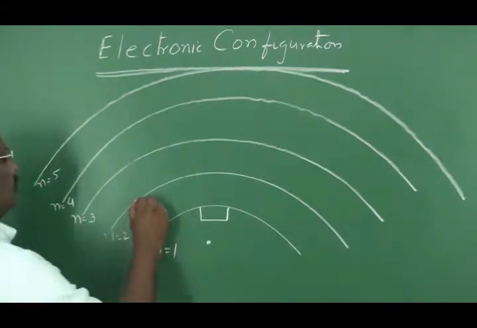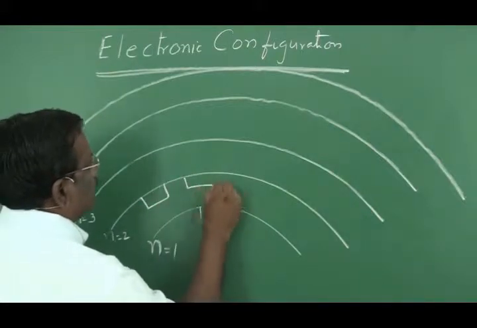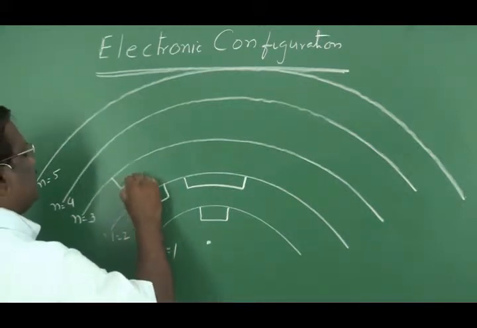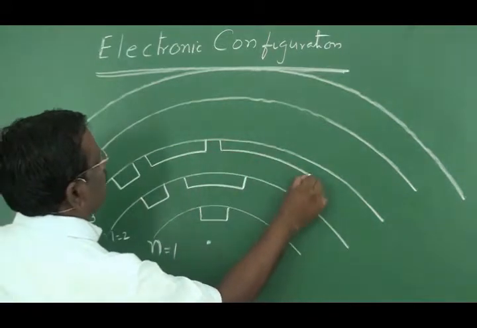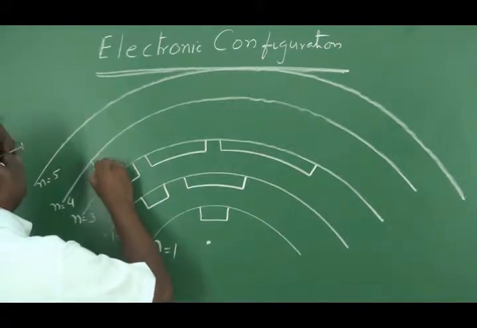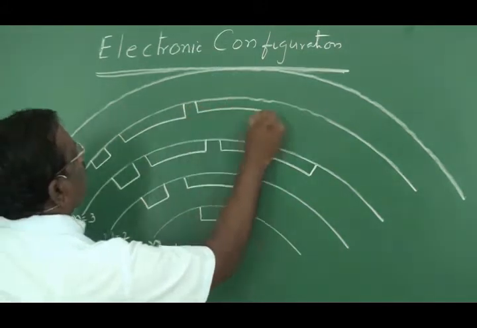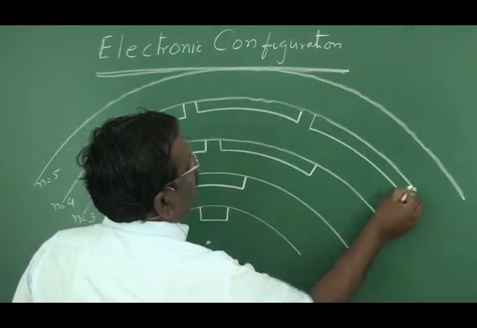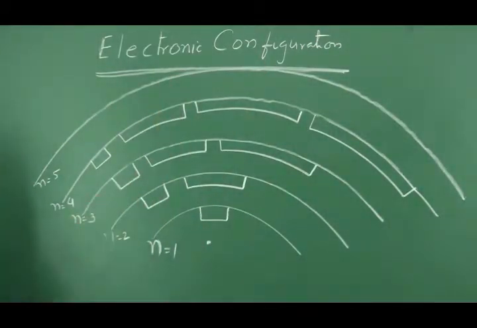For n is equal to 2, we have two sub-energy levels. For n is equal to 3, we have 3. For n is equal to 4, we have 4. For n is equal to 5, we have 5 sub-energy levels, and so on.